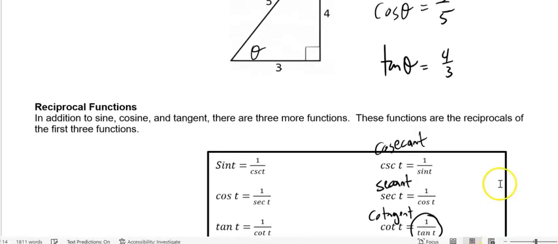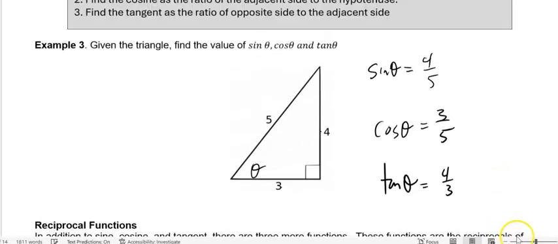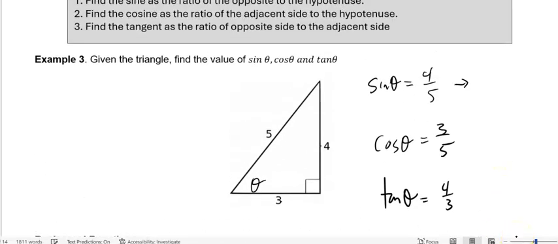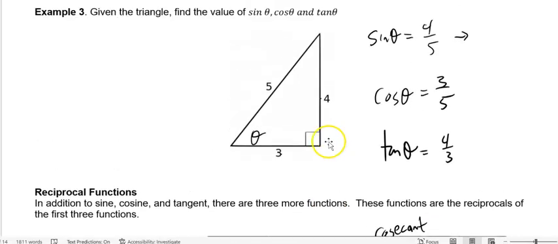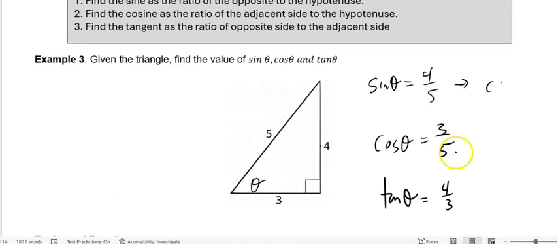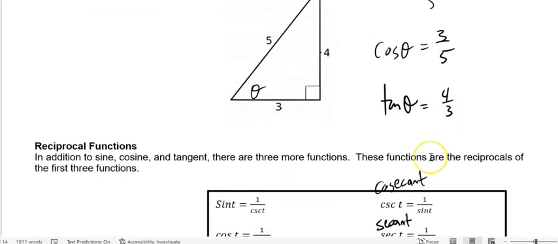For example, let me show you what this 1 over thing is all about. The reciprocal of the sine function is the cosecant function. So if I want the cosecant, for this problem, I do 1 over the sine. That's what the definition tells me to do.